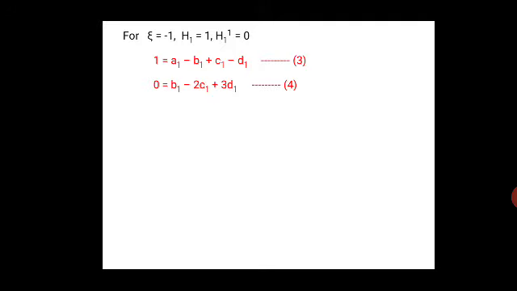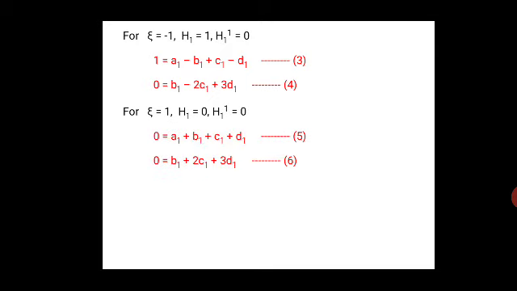Then we have 1 is equal to a1 minus b1 plus c1 minus d1. Consider this as equation 3. Similarly, on substituting in H1 dash, we have 0 is equal to b1 minus 2c1 plus 3d1. Consider this as equation 4. Similarly, when zeta is equal to 1, H1 is equal to 0 and H1 dash is equal to 0.